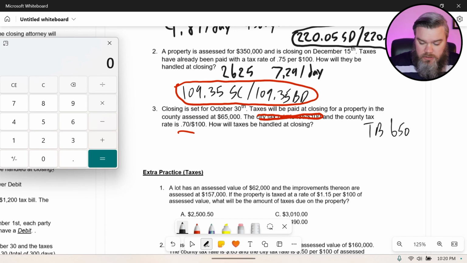So as a buyer, you're responsible for everything after October 30th. Well, if we're doing a 360-day year, that means you're really just responsible for November and December. November and December, 30 days in each month, 60 days, okay? So it is 60 days for the buyer.